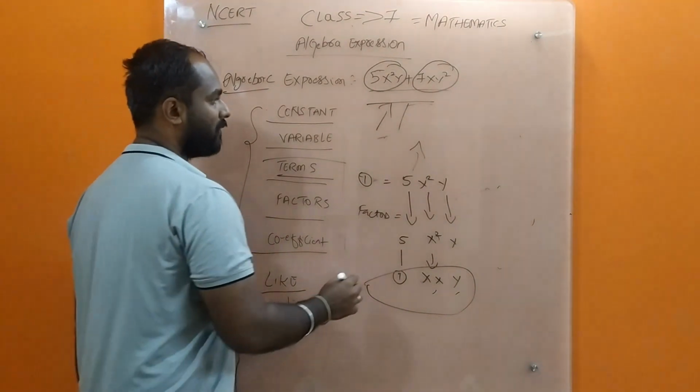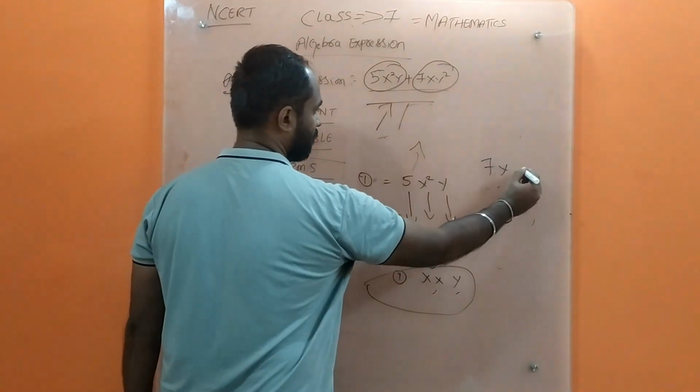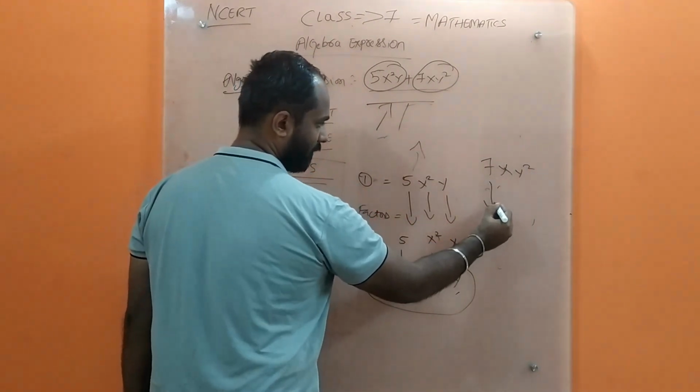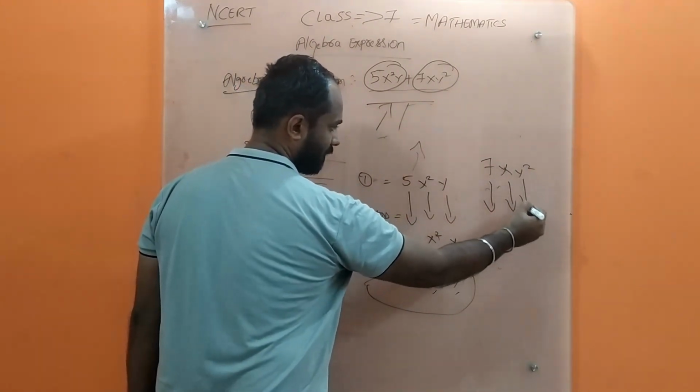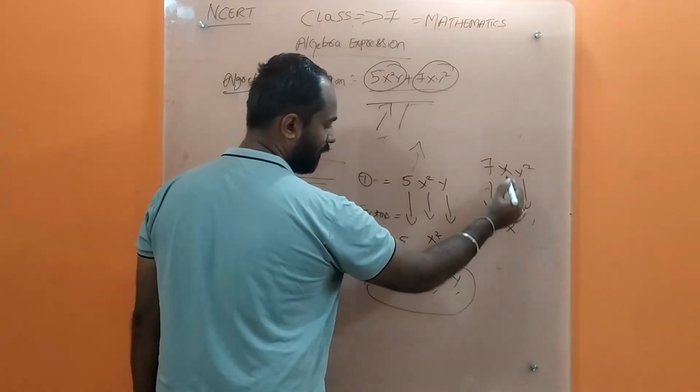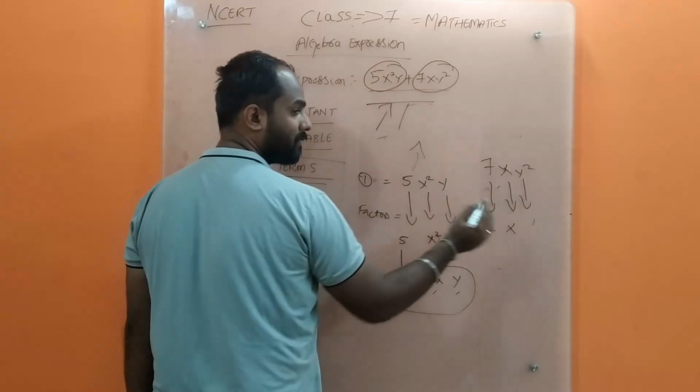In the same way, for example, 7xy², you think. This is one term, and these are three separate factors. So this is 7, x is only one, there is no power on it. Y square we have.